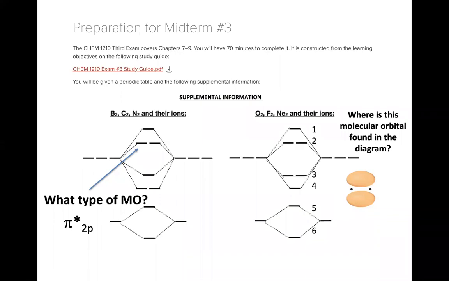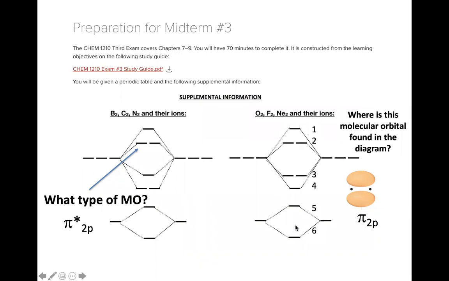Because if I look at this molecular orbital, the first thing I'm going to do is classify that as bonding because I do not see this vertical node. And I would also designate it as pi because I have electron density not along the internuclear axis, but above and below it.